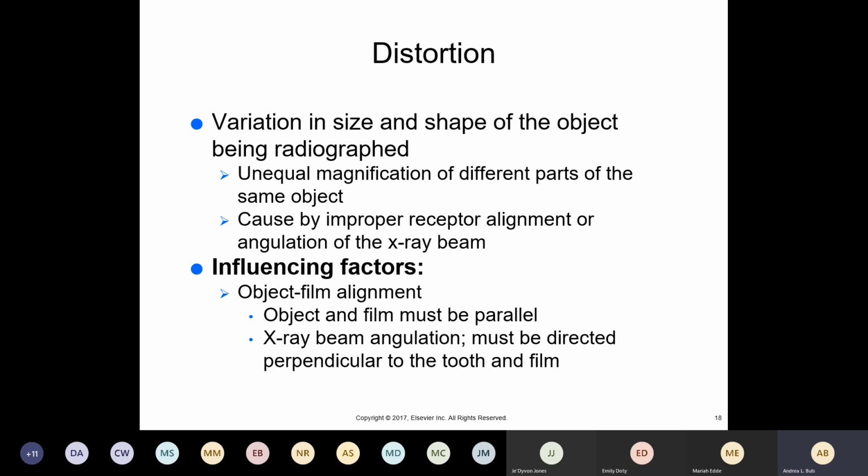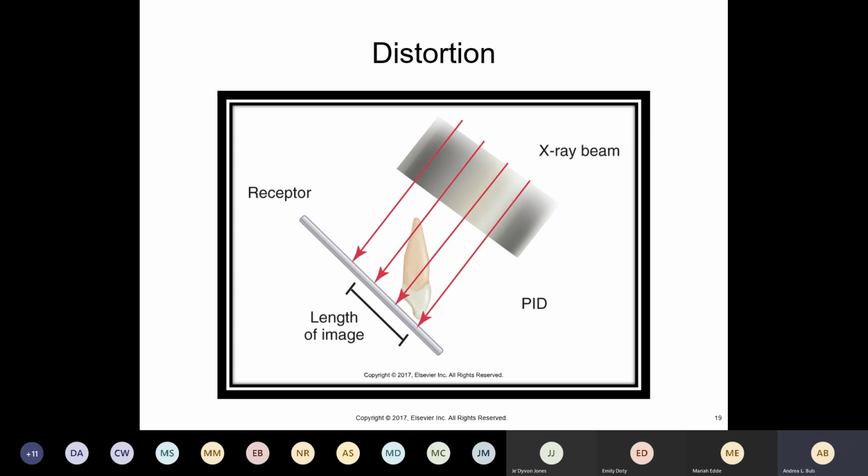The X-ray beam angulation must be directed perpendicular to the tooth. If you're wanting open contacts, it's got to be perpendicular to those embrasure spaces between your teeth. If you're wanting a tooth to be visualized on the final image without distortion, you want it to be parallel and perpendicular. And the next slide shows you how that can distort.